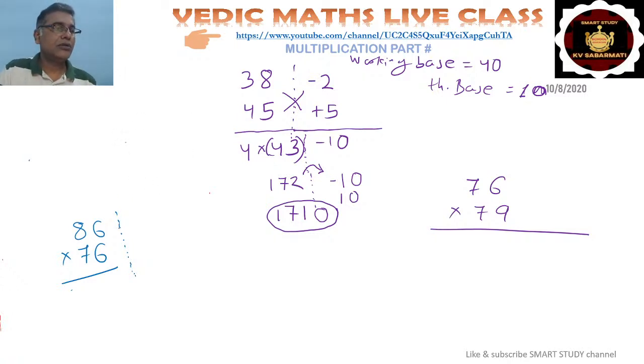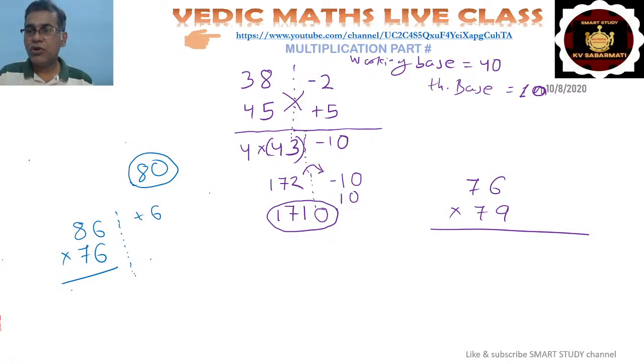So 86, here I am taking the working base to be 80. So 86 means it is 6 more. Okay, beta, good. 86 is 6 more and 76 is 4 less. So here what I'll write, 6 into plus 6 into minus 4, that will be minus 24, and here any side you can check.